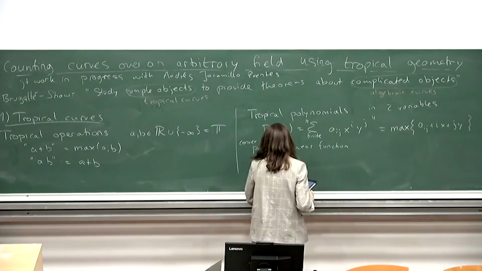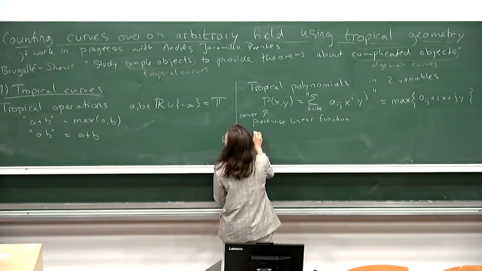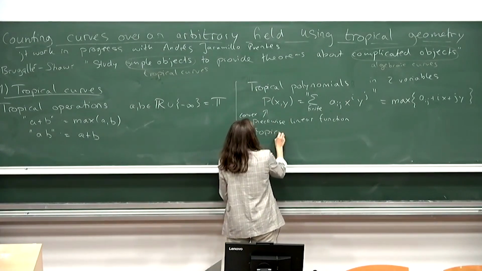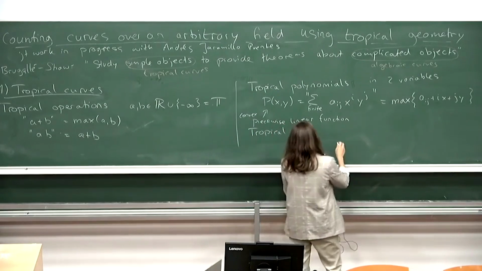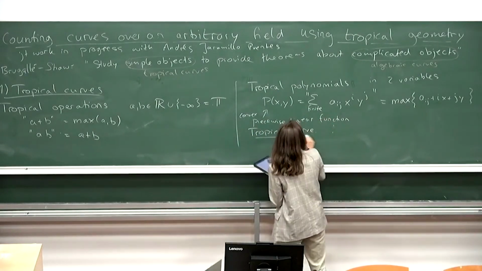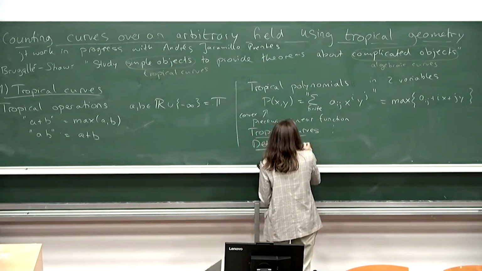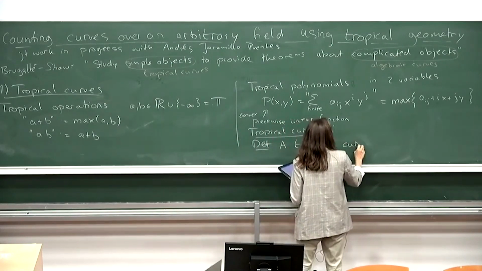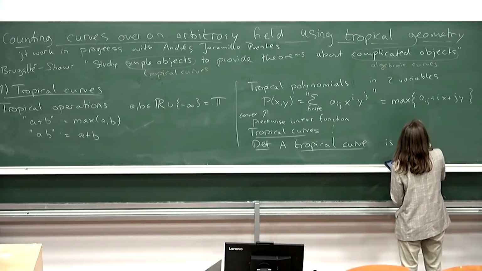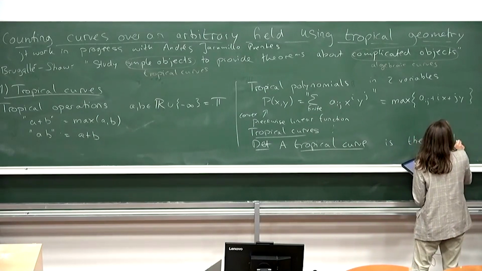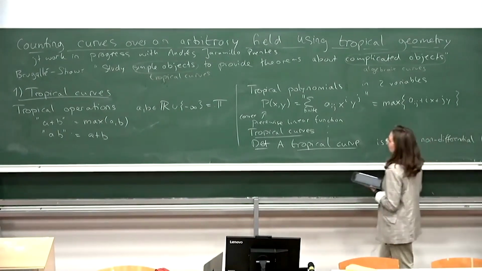So what should a tropical curve be? It's the non-differentiable locus of a tropical polynomial.